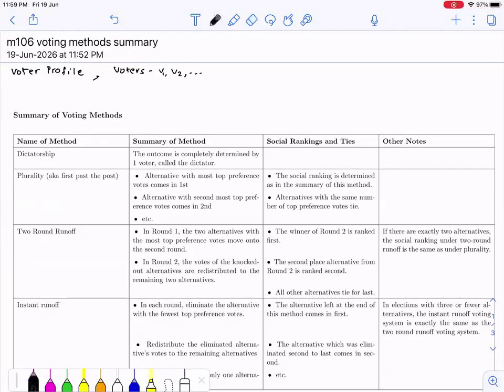And these voters have alternatives or candidates for choices, usually denoted by letters A, B, C, and so on.